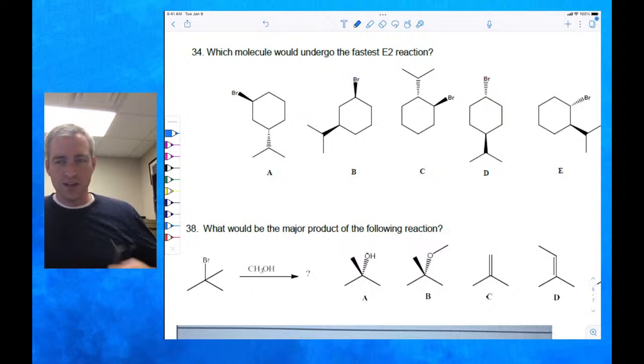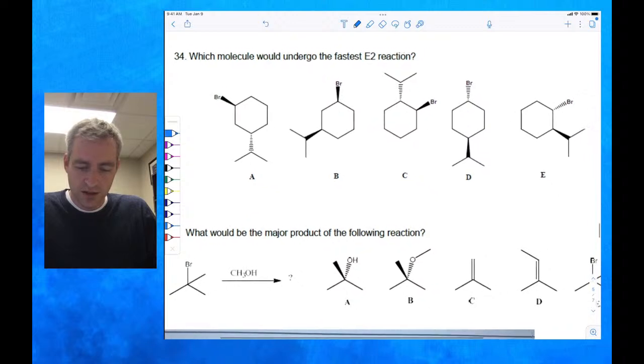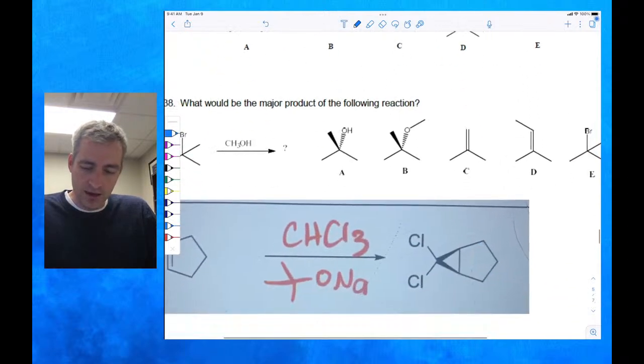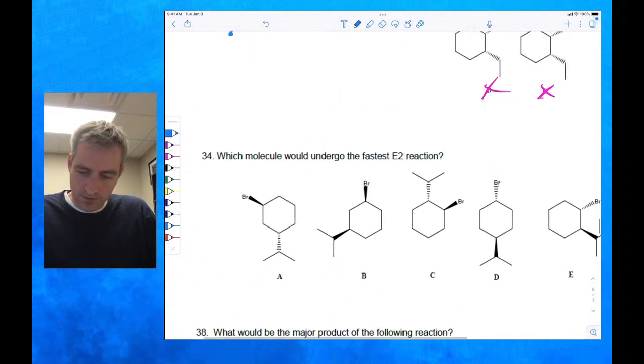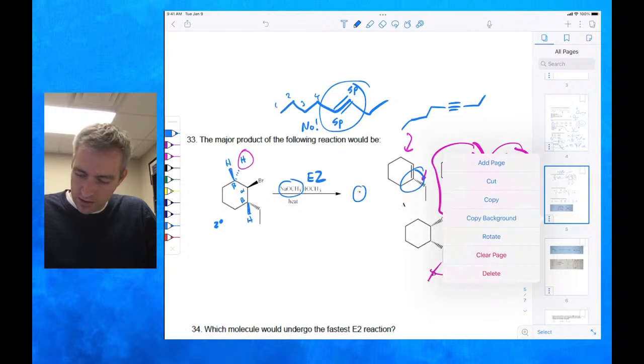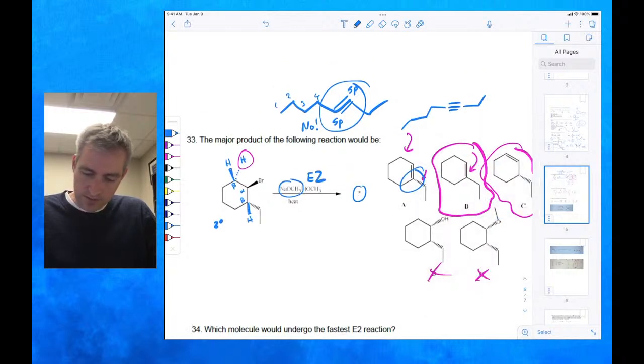Basically what we're going to be doing is, for every single one of these examples, drawing a cyclohexane chair and seeing which one has the most stable conformation with the bromine in an axial position. So if you look at molecule A here, I wonder if I can just add myself a sheet in here somewhere. Add page.